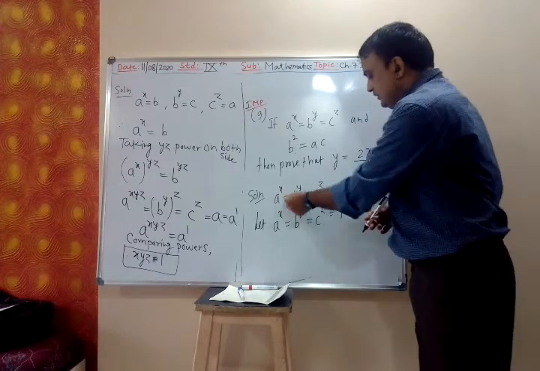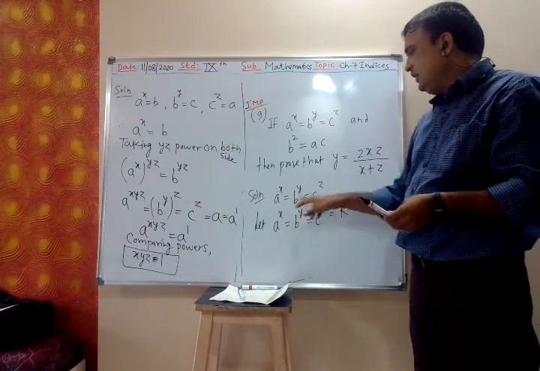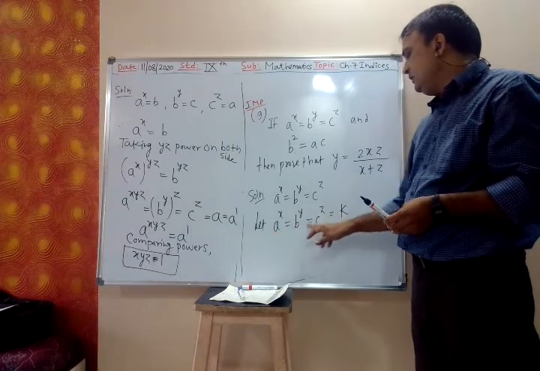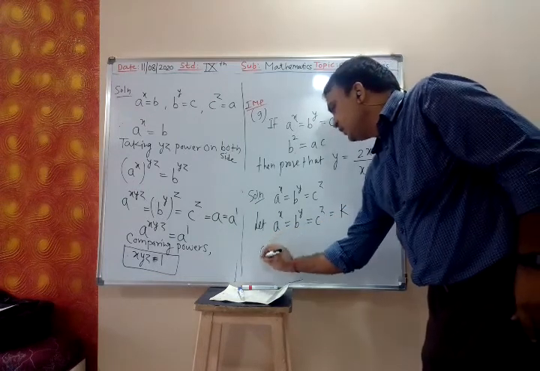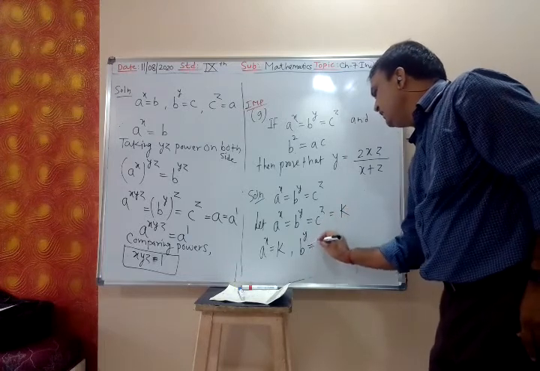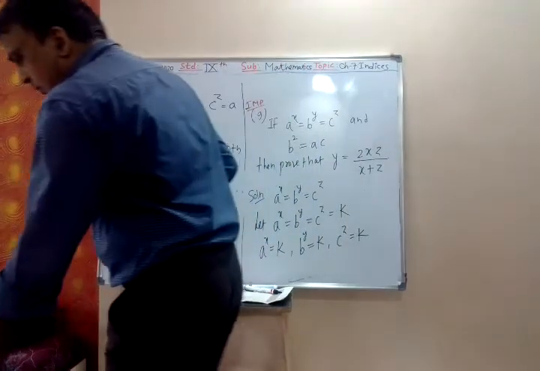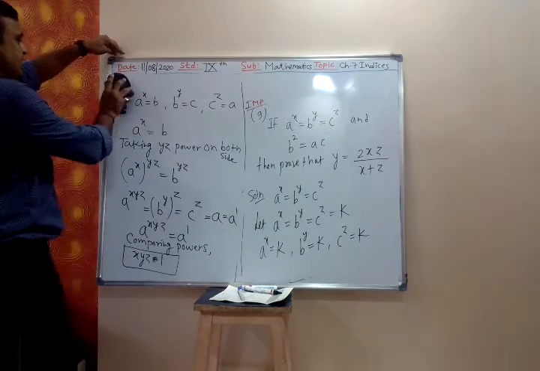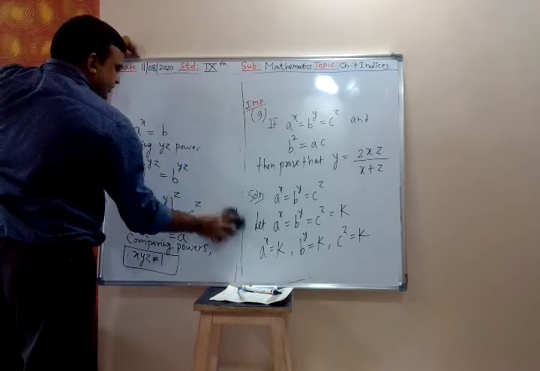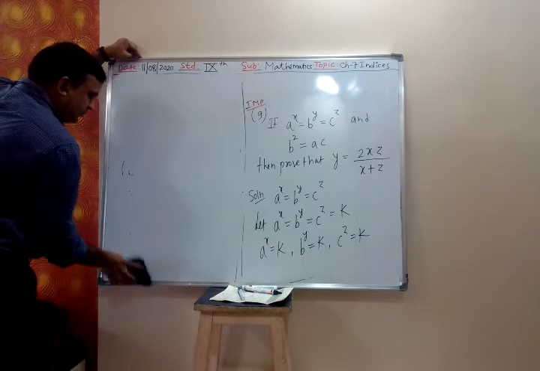You can take m or n also, any variable. So a raised to x is k, b raised to y is k, c raised to z is k.